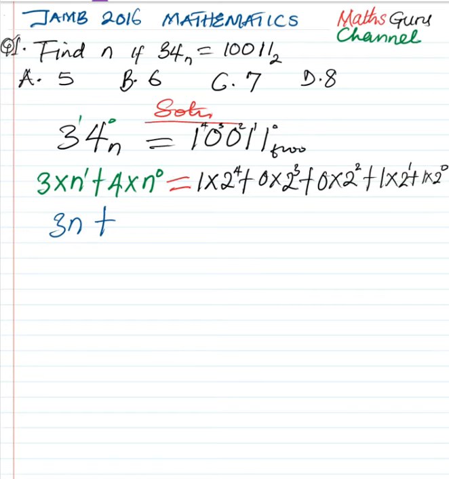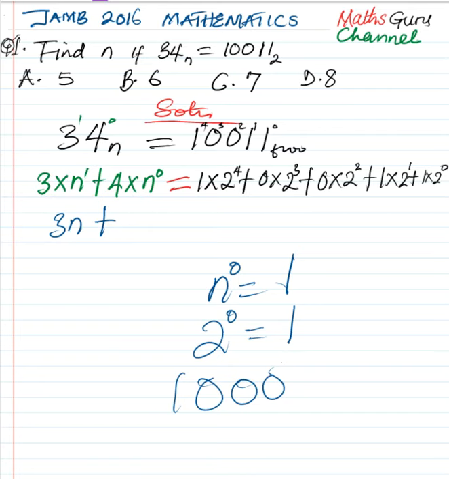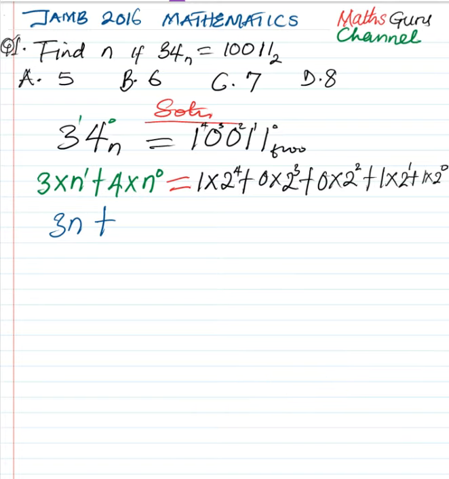Any term raised to the power of 0 is equal to 1. So n raised to the power of 0 is 1, 2 raised to the power of 0 is 1, even 1000 raised to the power of 0 is equal to 1. So any number raised to the power of 0 is equal to 1.